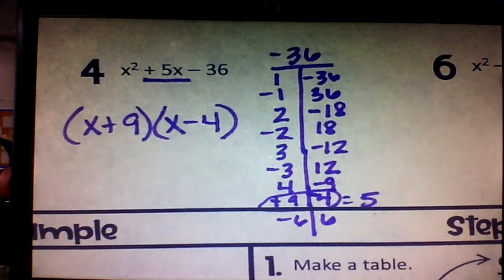What's x times x? That's x squared. What's x times negative 4? Negative 4x. What's 9 times x? 9x. And what's 9 times negative 4? Negative 36. What happens when I combine my like terms? You get 5x. Does this match my original problem? Yeah. Your answer's correct.